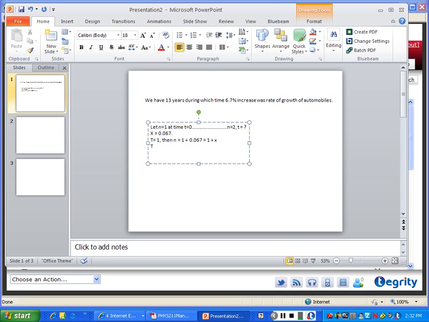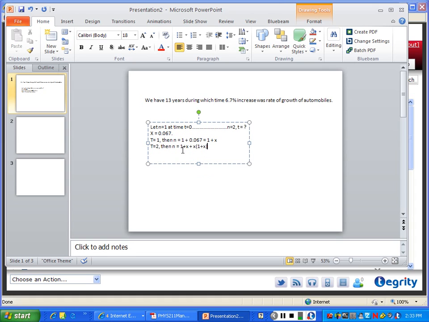At t equals 2 years, the number we'll get at the end of 2 years is the number we have at the start of that second year, after 1 year. So then n equals 1 plus x, that's what we started the year with, plus the percentage increase on that starting amount. So that means we're going to multiply x times 1 plus x.